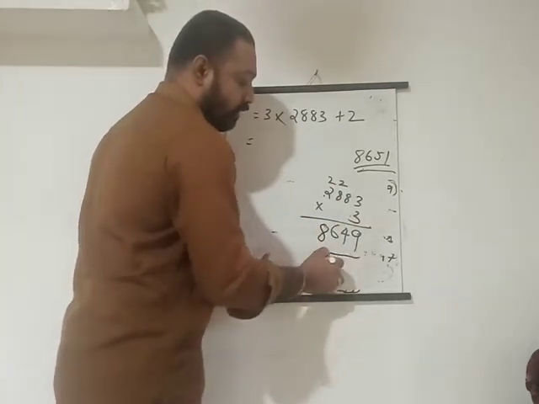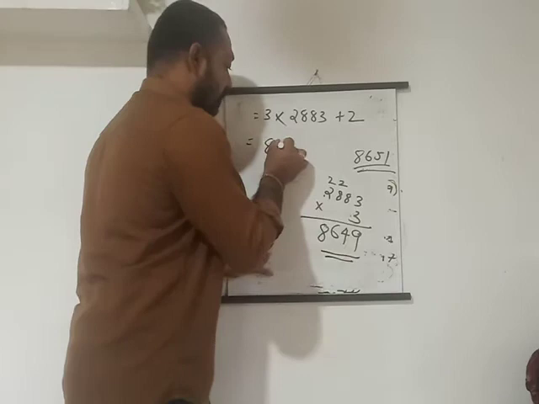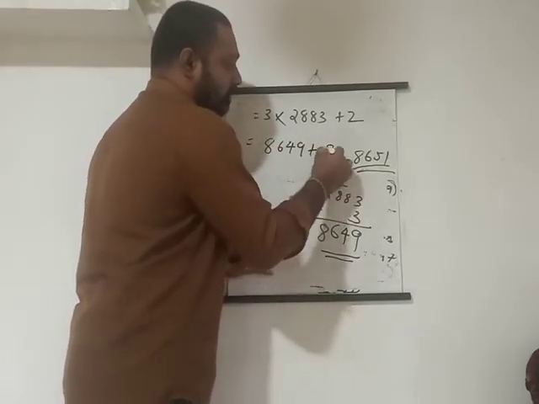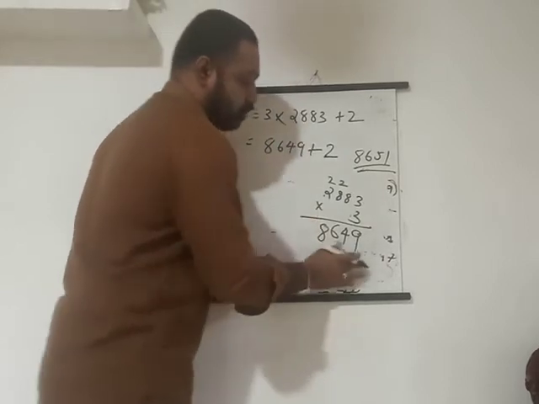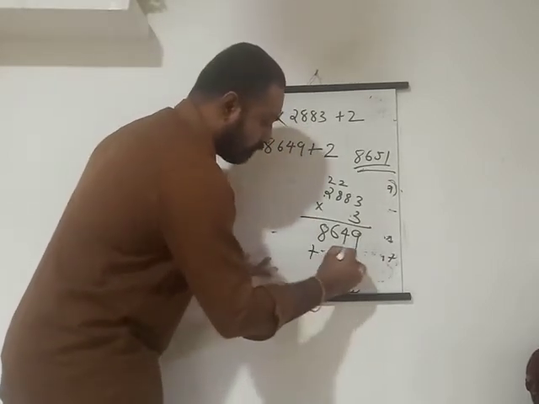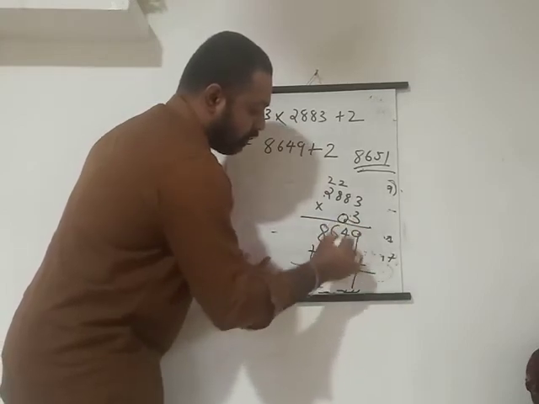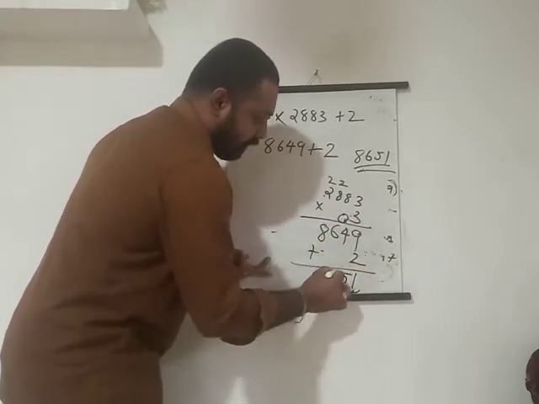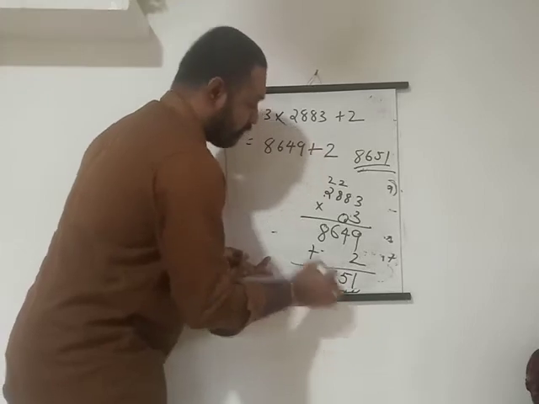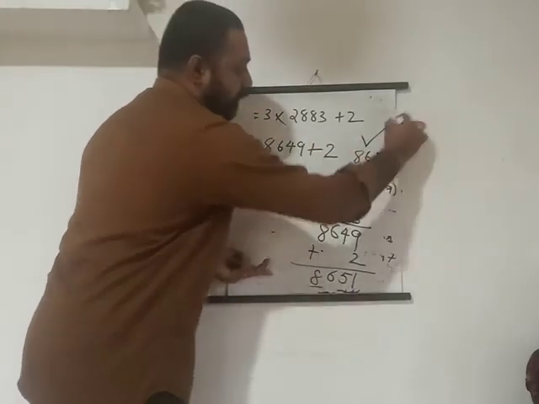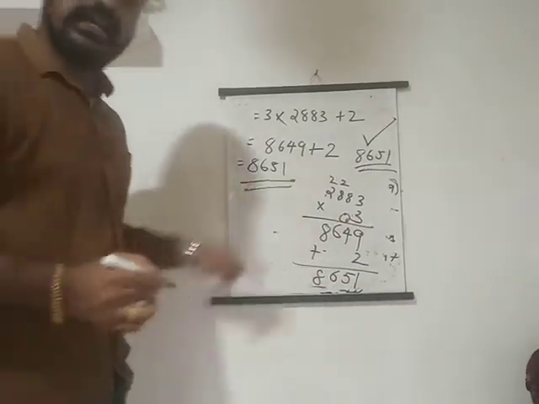Now I got 8649. Plus the remainder 2: 9 plus 2 is 11, carry over 1, 4 plus 1 is 5, then 8 6 8. 8651. That is our dividend, so my division is correct.